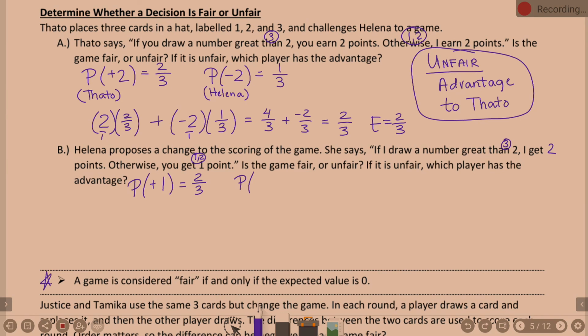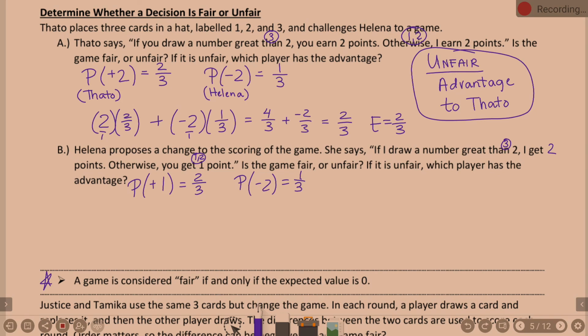What's the other option? If Helena wins, she gets 2, which is 2 points against Thado, right? So that's negative 2. What's the probability that she wins? And that's 1/3, because she can only win with a 3. Do the expected value now.